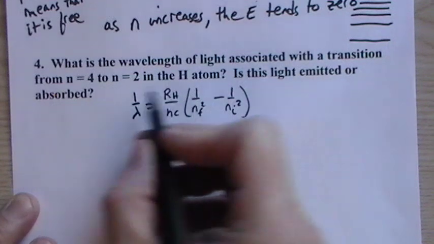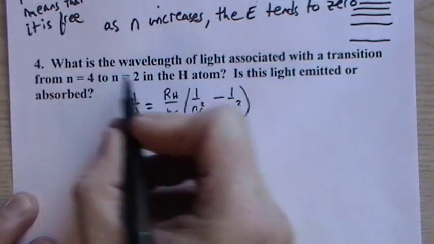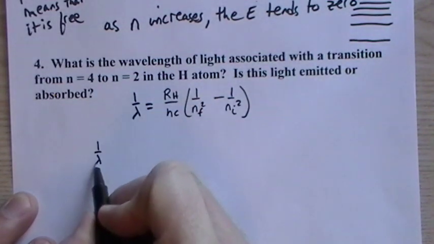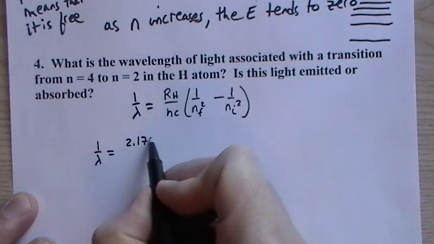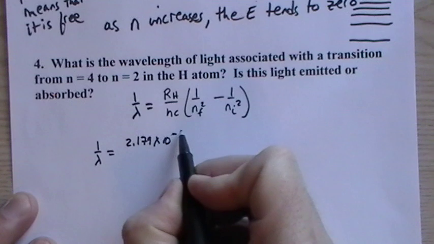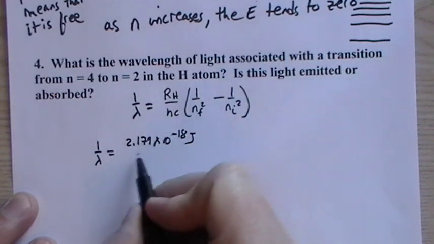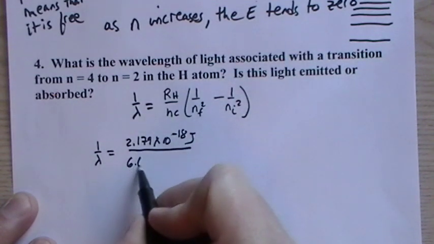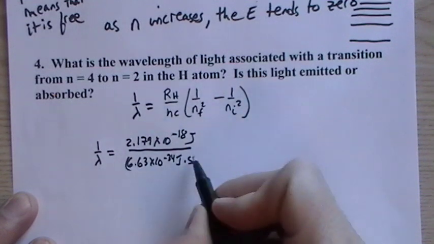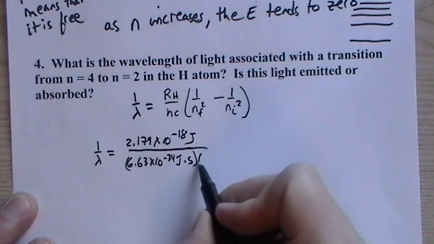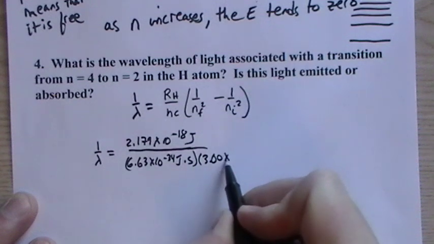So if we put in our values, we don't know the wavelength, so it's going to be 1 over the wavelength, equal to the Rydberg constant, 2.179 times 10 to the minus 18 joules, over 6.63 times 10 to the minus 34 joule seconds. That's joules times seconds, not joules per second.